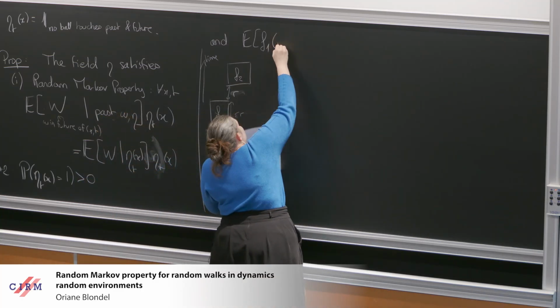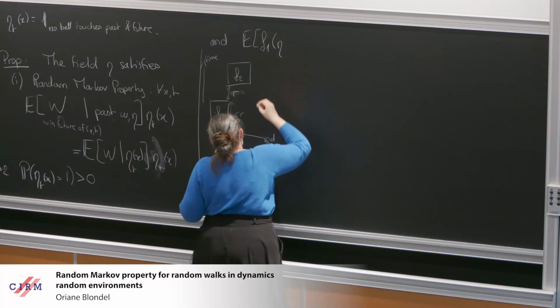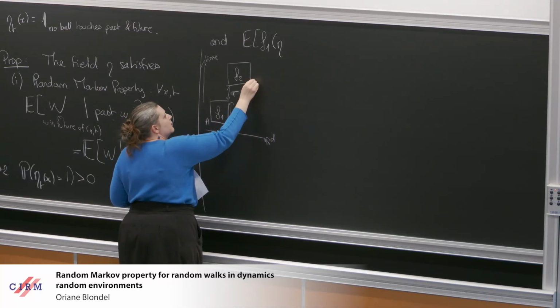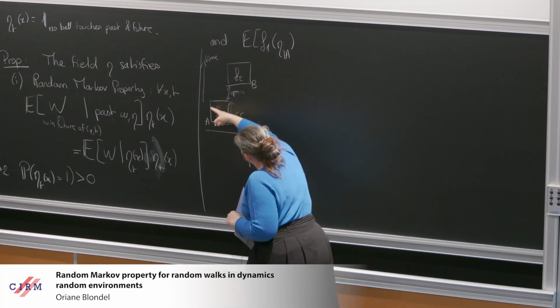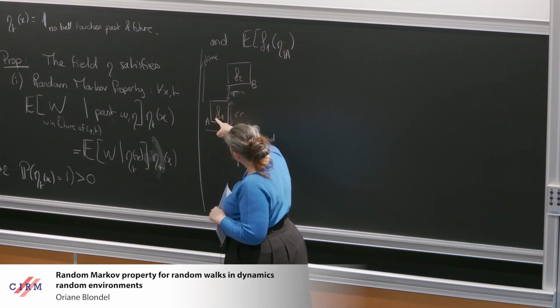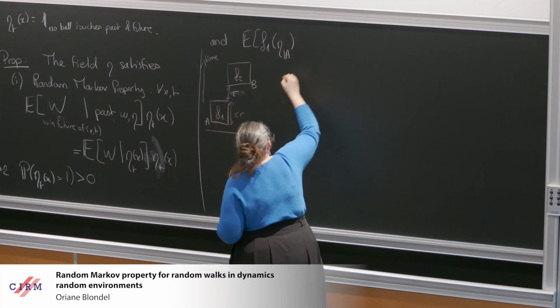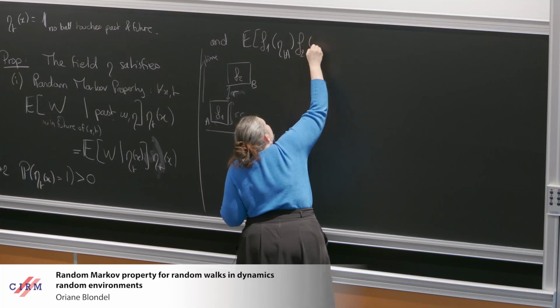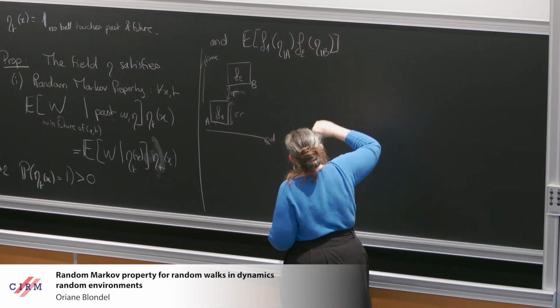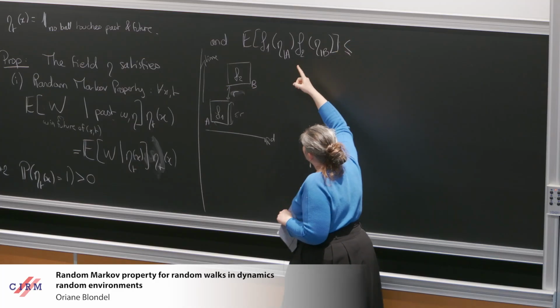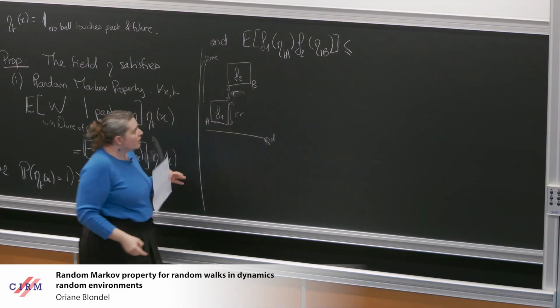So I want to say that, that's a box A, that's a box B. If I look at a measurable function F1 of the eta restricted to a box A, and another measurable function F2 applied to eta restricted to this other box B, then that's pretty close, and I actually need the pretty close in one direction.